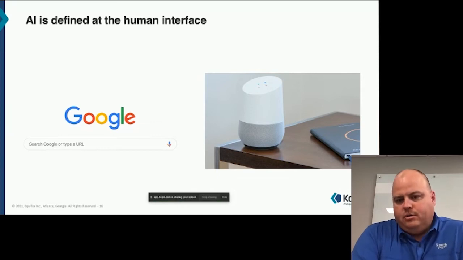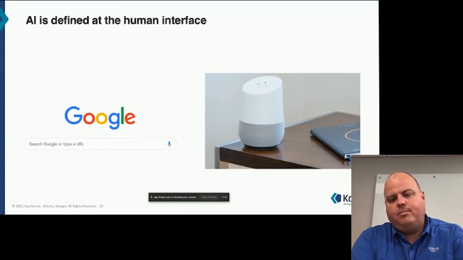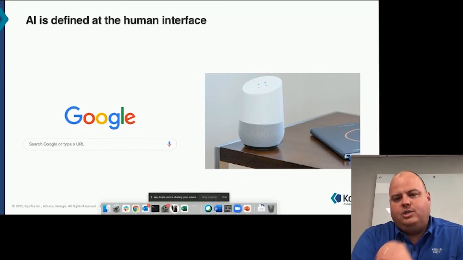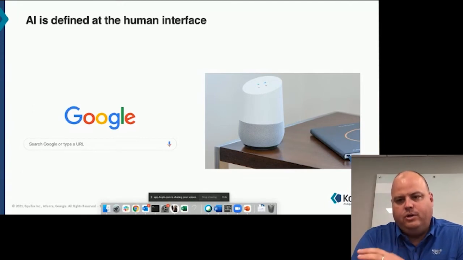In contrast, Google Assistant, right now it kind of sucks. So nobody's going to be fooled into thinking that there's a person on the other side of it. But you can see that from a product design standpoint, it is achievable to have artificial intelligence here. If you make the back end of this good enough, somebody will not know whether they are talking to a computer or to a person.